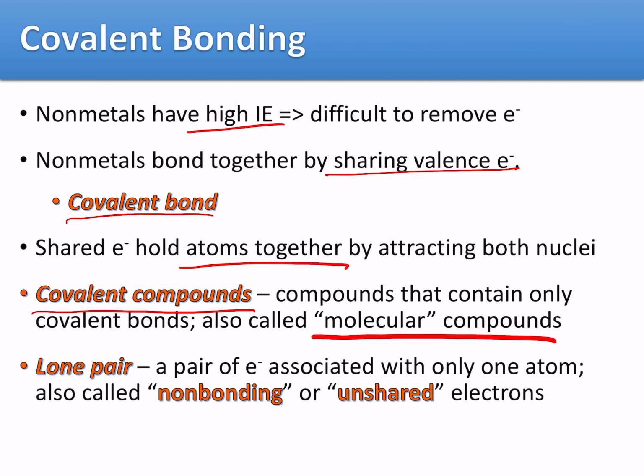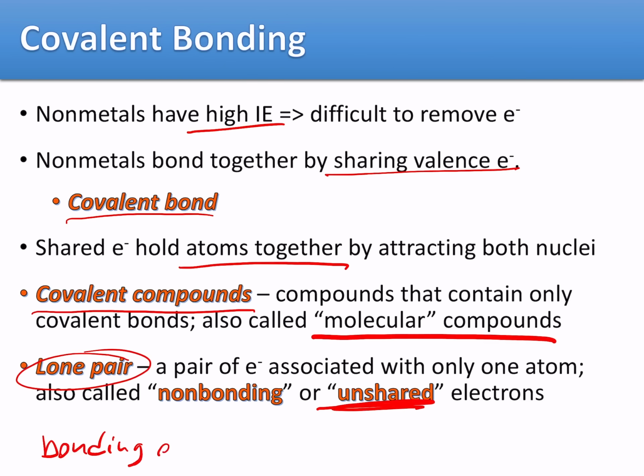One term that we're going to be using a lot during the semester is the concept of lone pair. Lone pairs are electrons that are not being shared, so we also call them unshared electrons. The electrons that are participating in a bond, you call shared electrons or bonding electrons.